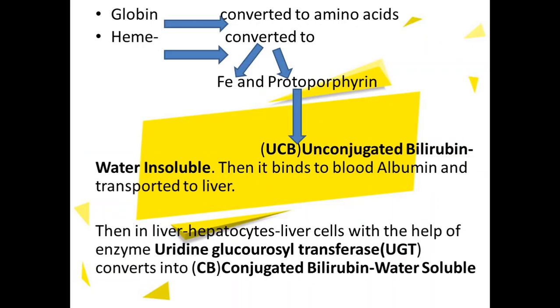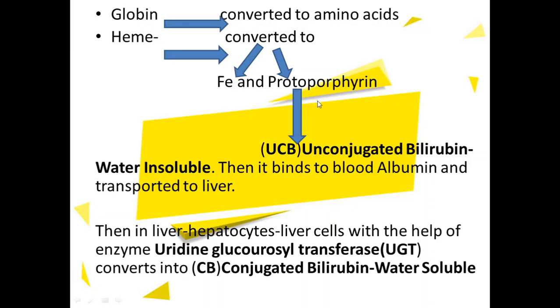Now what happens to this heme and globin? Globin means protein, so it gets converted to amino acids, whereas heme is the color part plus iron part. So heme gets converted to Fe, that means iron, and protoporphyrin.